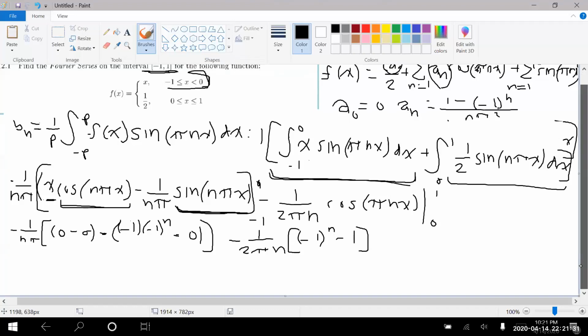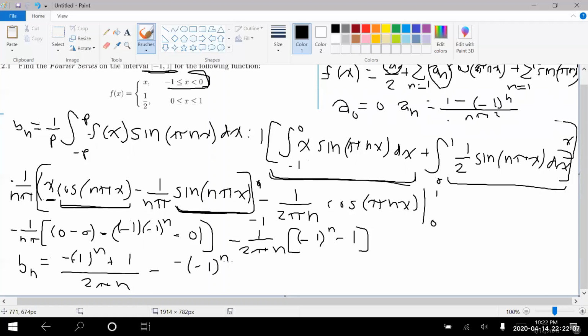Okay, so maybe I can scooch this down a little to give us a little bit more room, so hopefully we can solidify our b sub n term. Okay, so this is where the multiplying by 2 over 2 comes in, but you should get negative 1 to the n plus 1 over 2 pi n, and then minus negative 1 to the n over n pi.